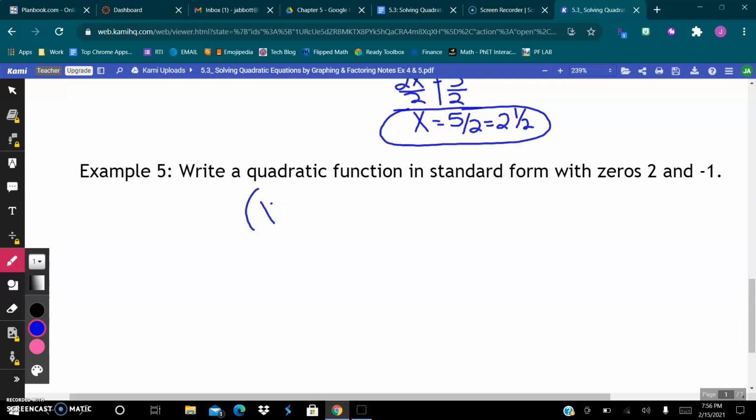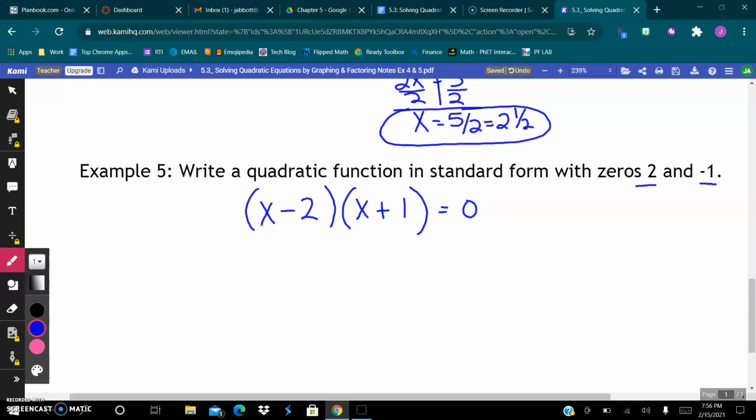So I would have had to do x minus 2. I would have had to plug 2 in that to make 0. So that's why that answer would be 2. And then to get an answer of negative 1, I would have had to have a plus 1, because I would have to plug in a negative 1 there to make that 0. So equals 0. So that's our factored version, but they want it in standard form.